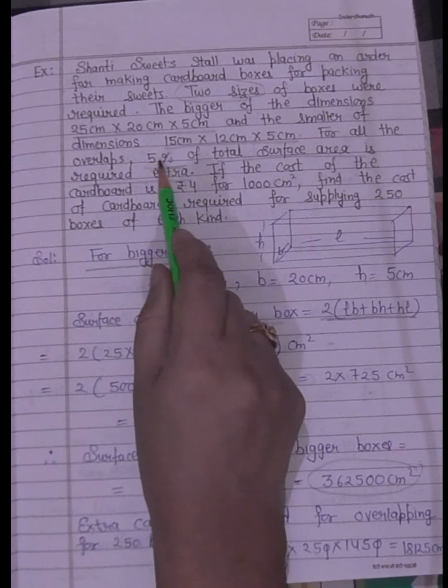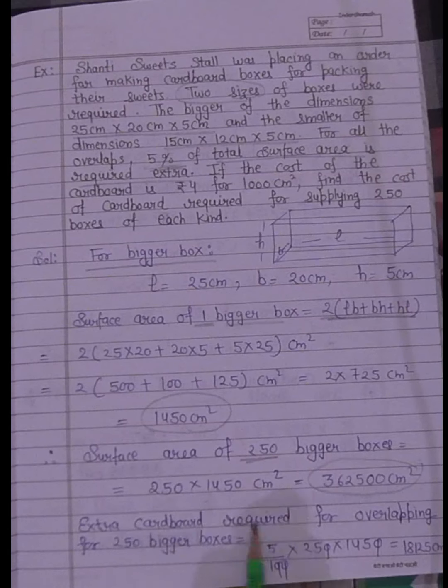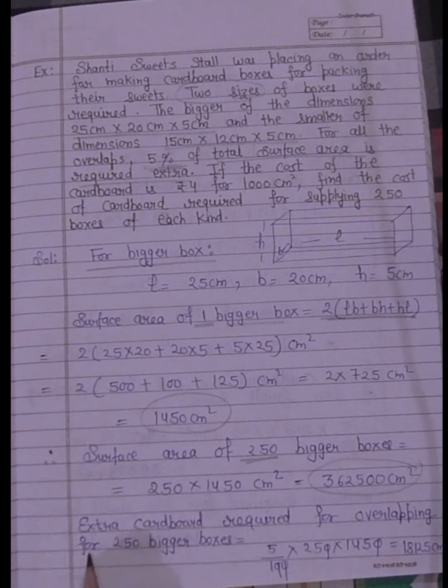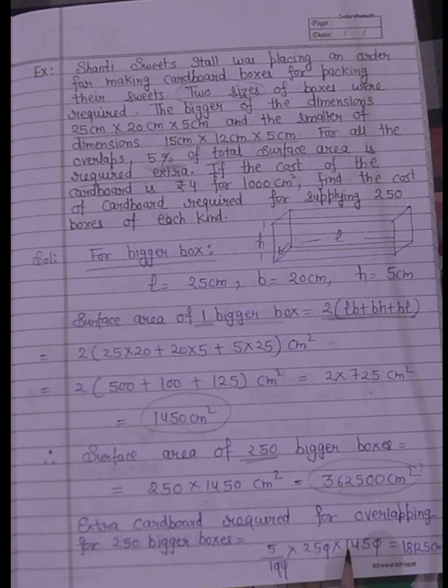But here 5% extra is also needed. So the extra cardboard required for overlapping for the 250 bigger boxes will be 5% of this. So 5 by 100 of 250 into 1450 will be equal to 18125 centimeter square.